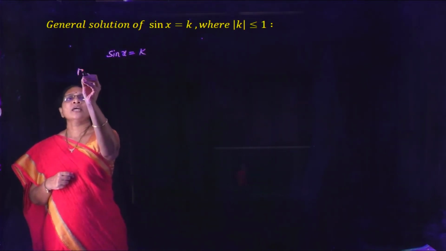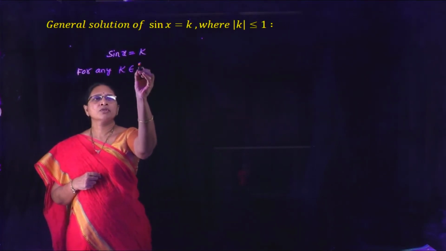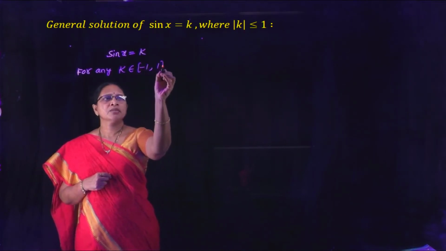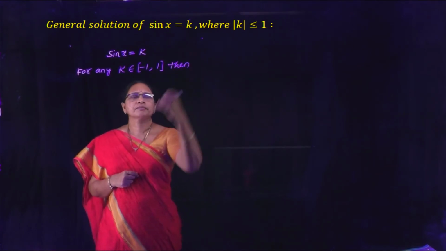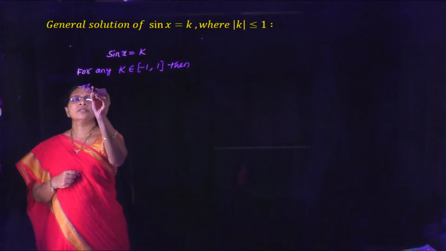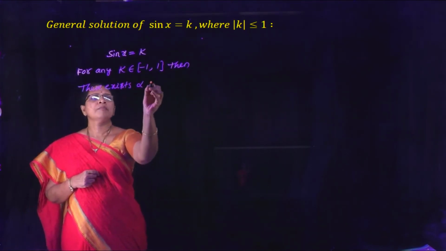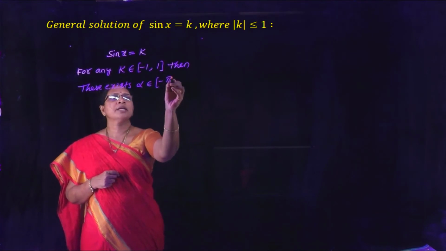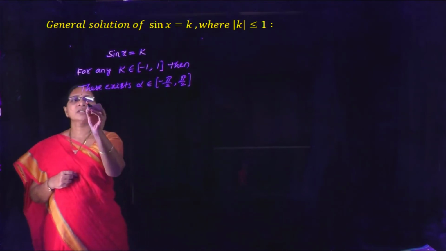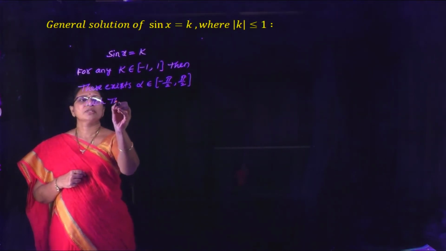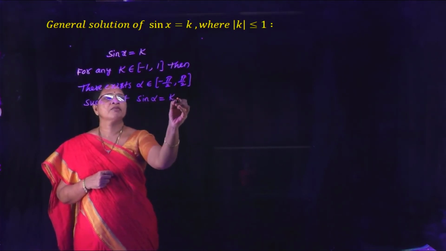For any k belonging to the closed interval minus 1 comma 1, there exists alpha belonging to the closed interval minus pi by 2 comma plus pi by 2 such that sin alpha is equal to k.